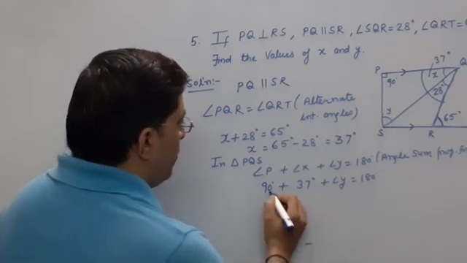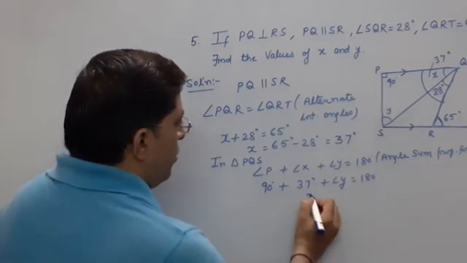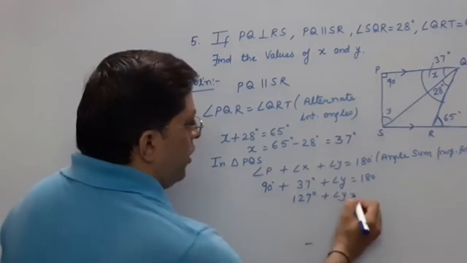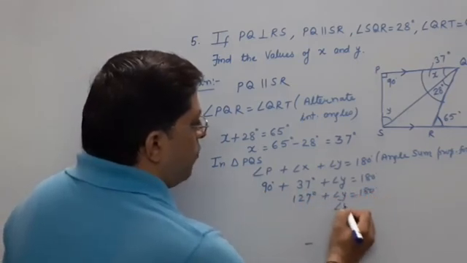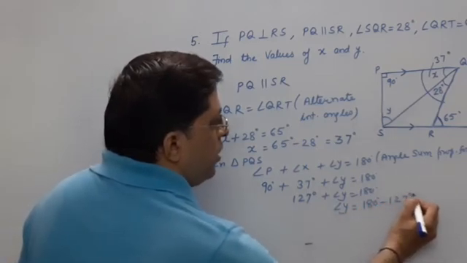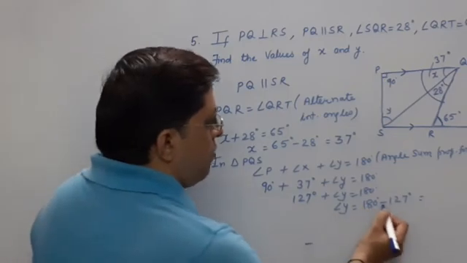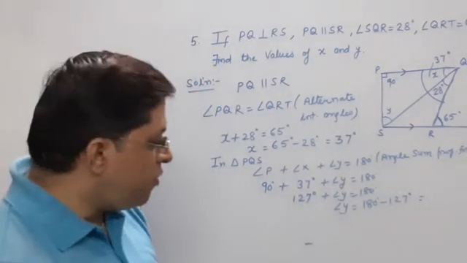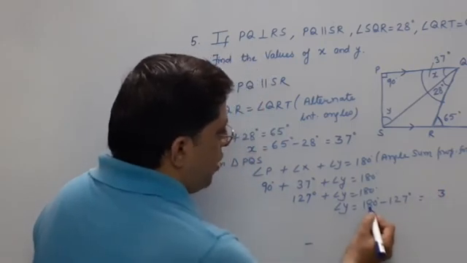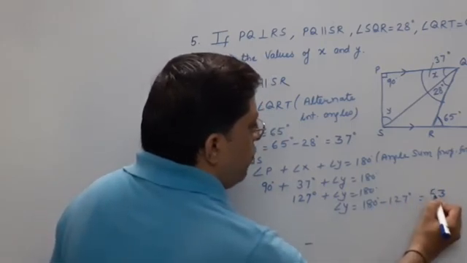So what is this here? 7 and 9 plus 3 is 12, so 127 degrees, and this plus Y is 180 degrees. Now what will be Y? 180 degrees minus 127 degrees. 10 minus 7 is 3, then 7 minus 2 is 5.